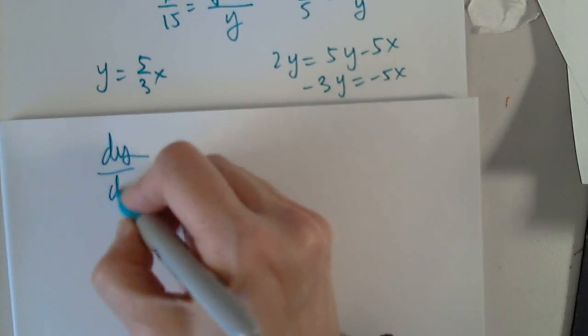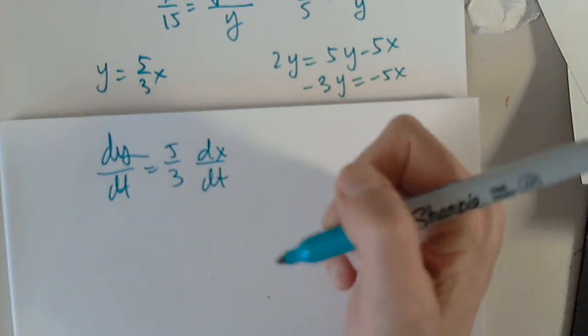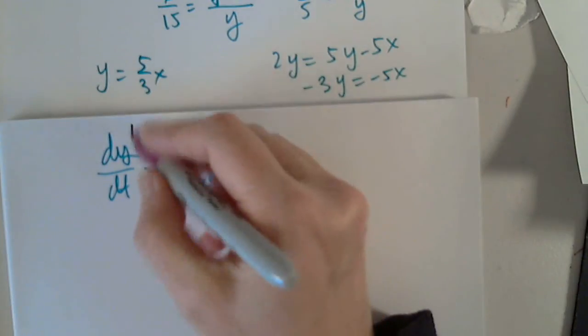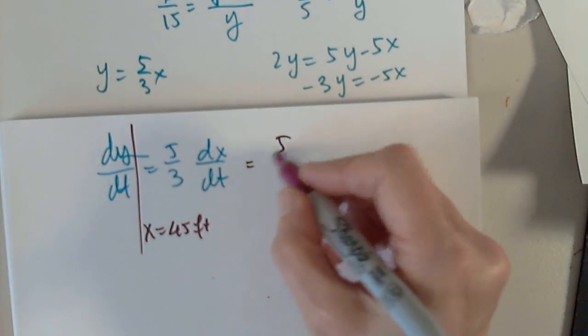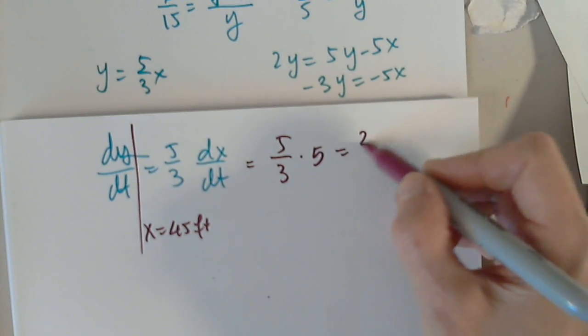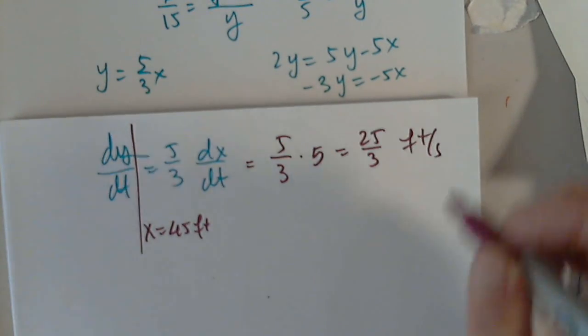So it's dy over dt equals 5/3 dx over dt. It's finished. So when x is 45 feet, I have 5/3 times 5. So it's 25/3, but that's no problem. And the measurement unit, of course, is feet per second.